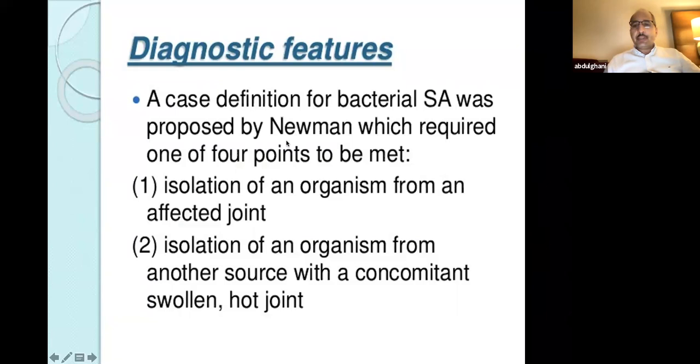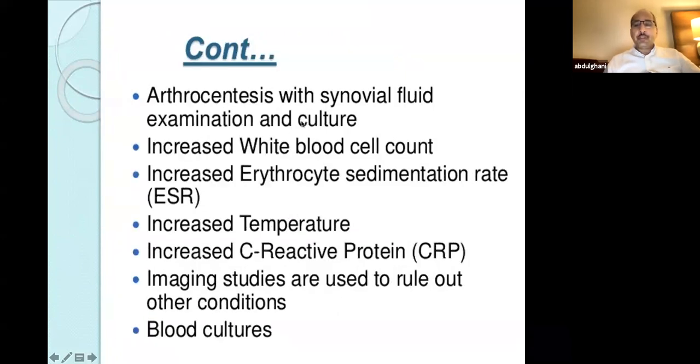There's another criteria by Newman, which says if any one of the 4 points is met, then invariably it is septic arthritis. Like isolation of organism from an infected joint, or isolation of organism from another source with concomitant swollen and hard joint, or in synovial fluid analysis, there will be increased WBC count, increased ESR, CRP.